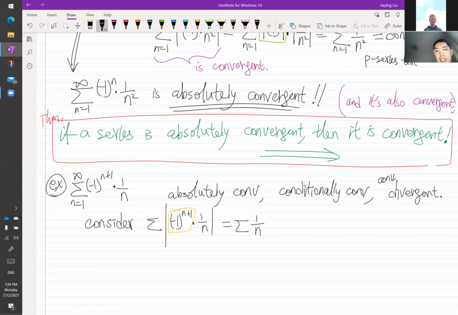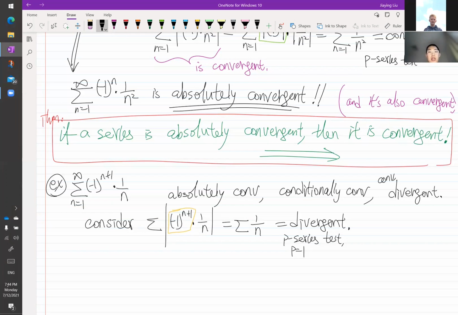Right? And in this case, p is equal to 1 if we use the p-series test. P equals 1 is not greater than 1, so it's divergent. So the series of absolute values is divergent.